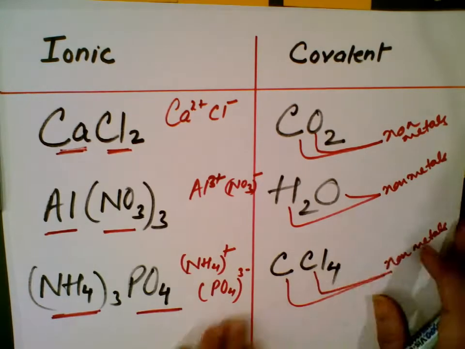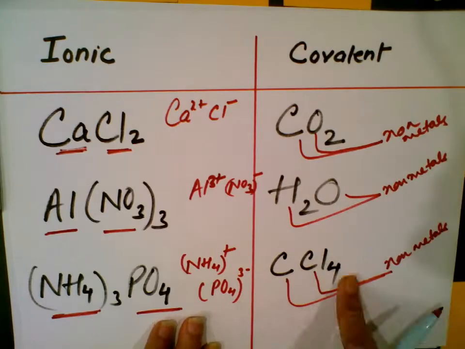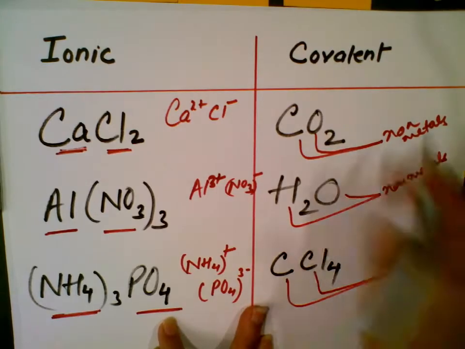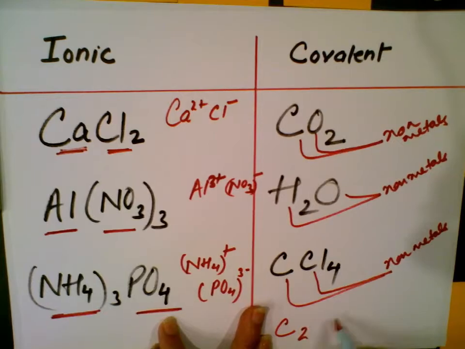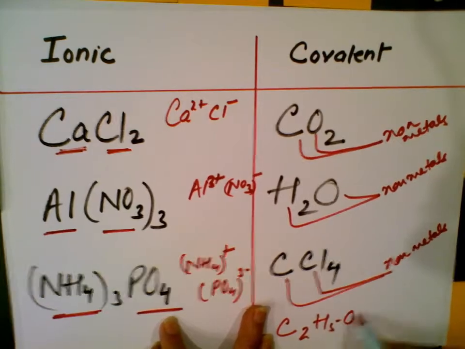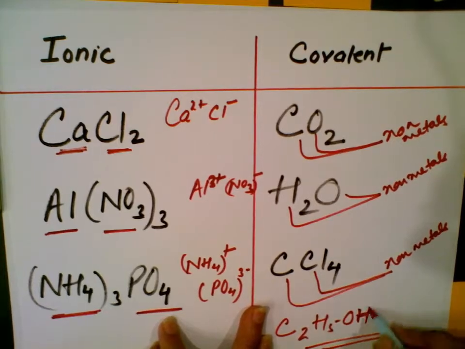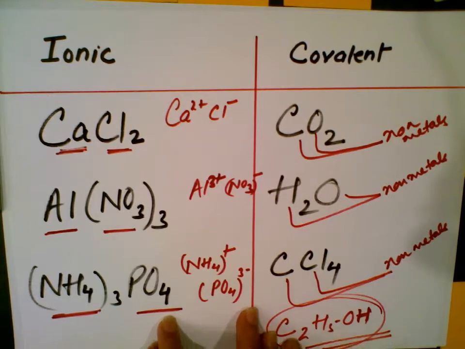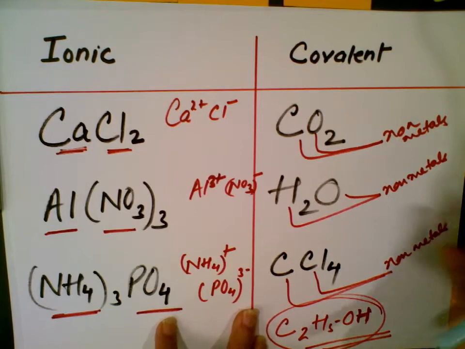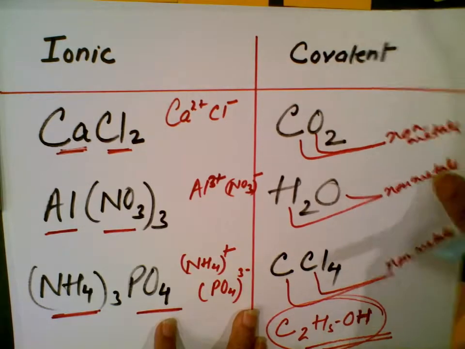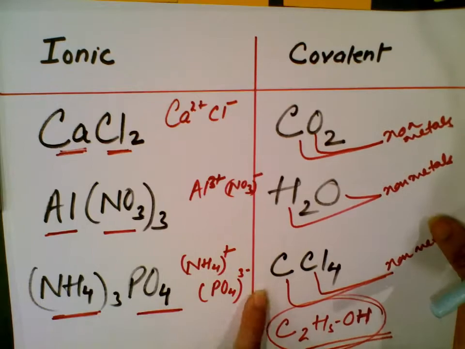No ions at all. Now here we are talking mainly about binary compounds, but covalent compounds can have, let's say, ethyl alcohol, with 1, 2, and 3 types of elements here. So it doesn't always have to be binary, but I'm just talking about binary in today's lesson.